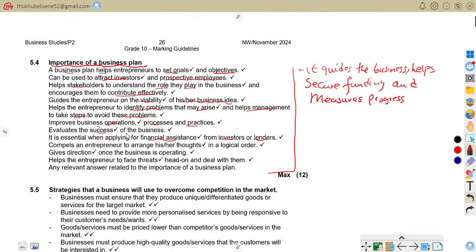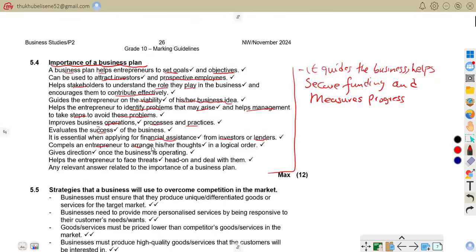They will think that your business is not going to make it. But if it's a good and clear business plan, a very rich business plan, then it is not going to be a problem for them to give you the money or invest into a business.